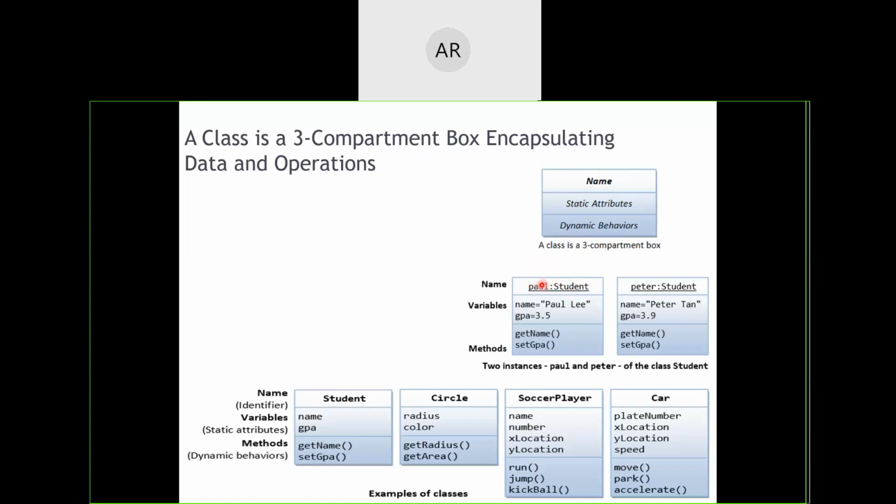So this block representation is called an object diagram, a class object diagram, wherein we mention what the object is and to which class that object belongs, and how many variables and how many methods are there in that particular object. So this diagrammatic representation is called class object diagram representation.